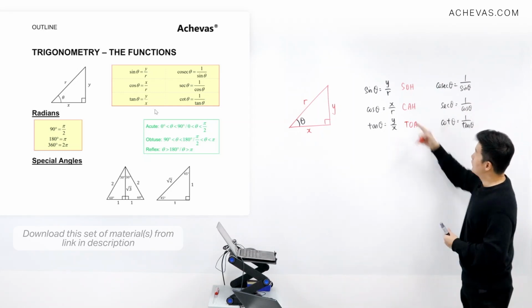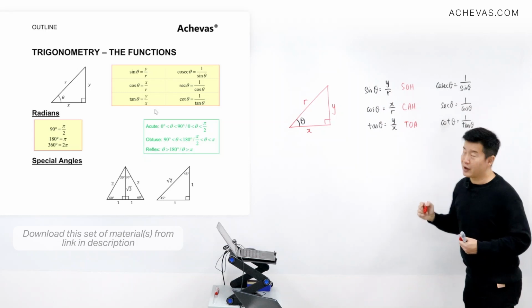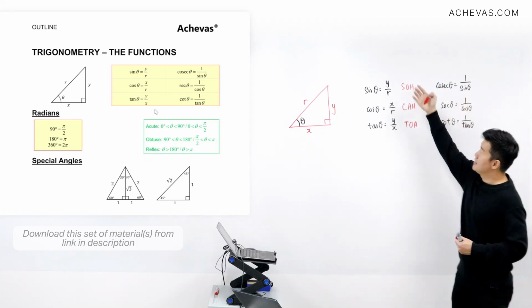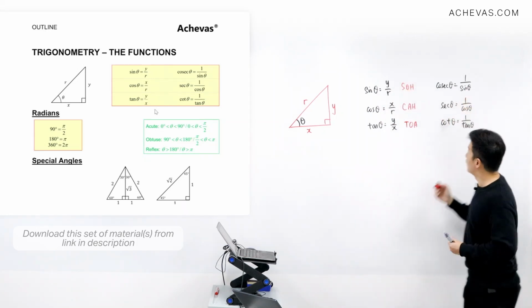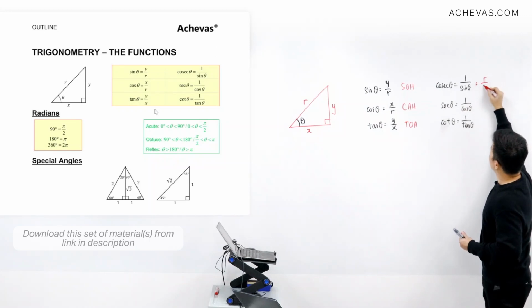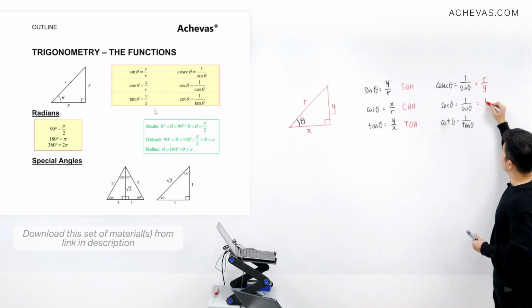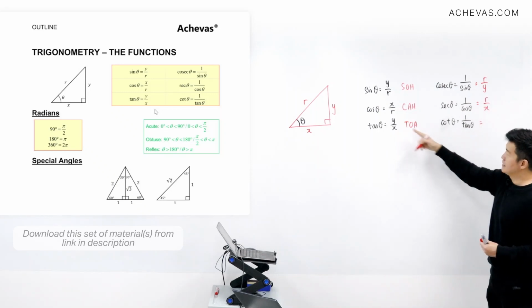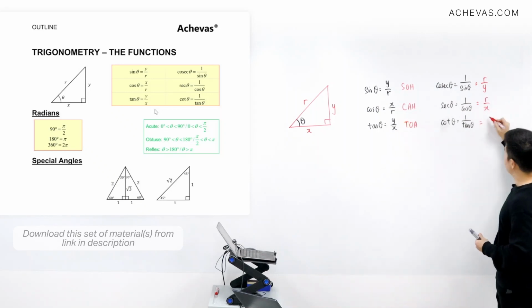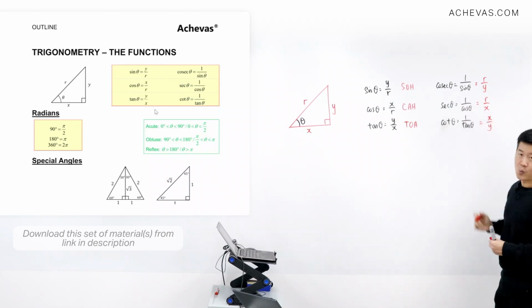Which means if sine theta is y over r, 1 over sine theta is 1 over y over r, which is going to be equal to r over y, and this is 1 over this, which is equal to r over x, and this is 1 over y over x, it is x over y.